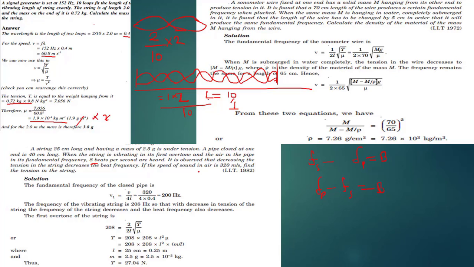We know that decreasing the tension in the string decreases the frequency of what? Of the string. Okay, decreasing the tension in the string decreases the frequency of the string, and as a result decreases the beat frequency.